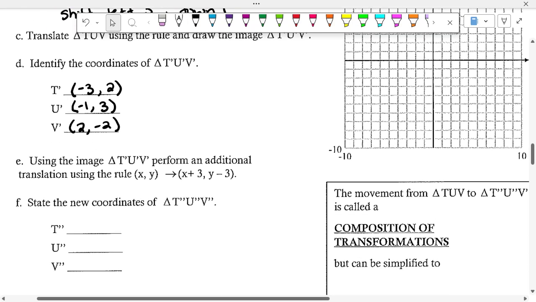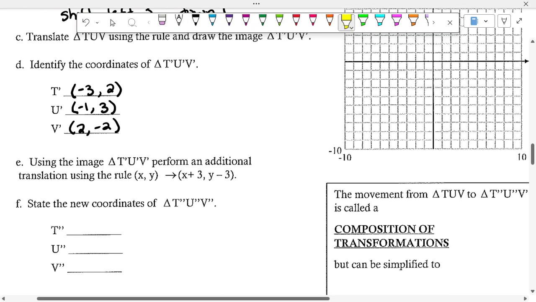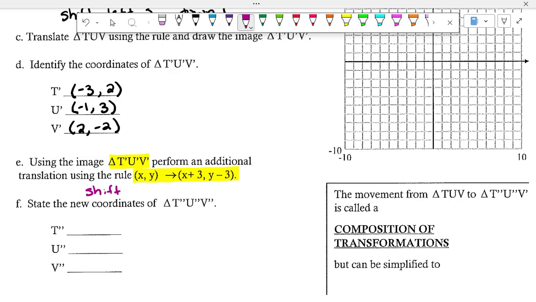Now, we're going to use the new image that we just came up with, so the TUV prime, to perform this translation. So before we even get the coordinates, what's the words? We're going to shift.